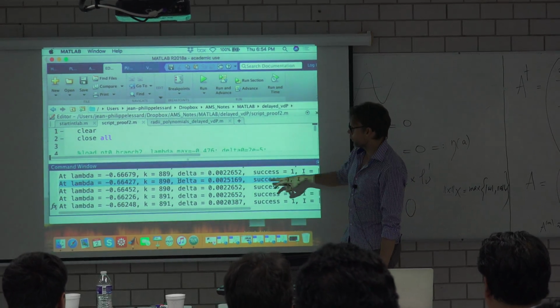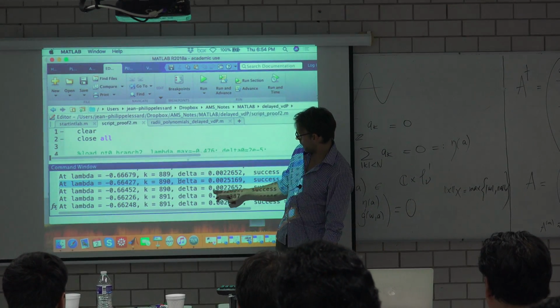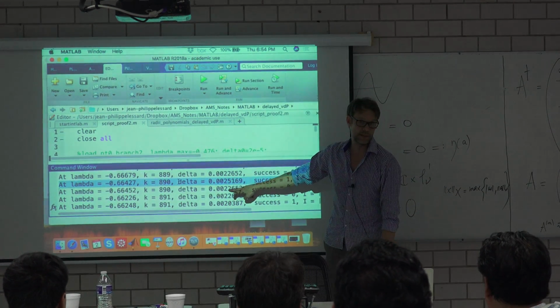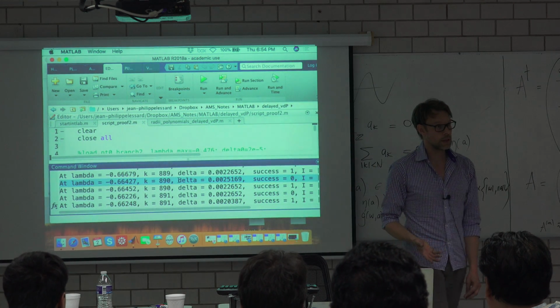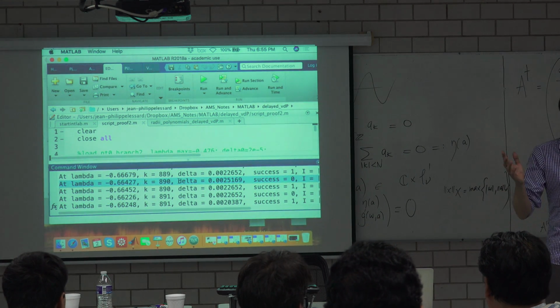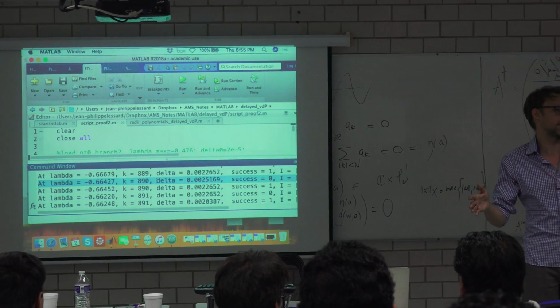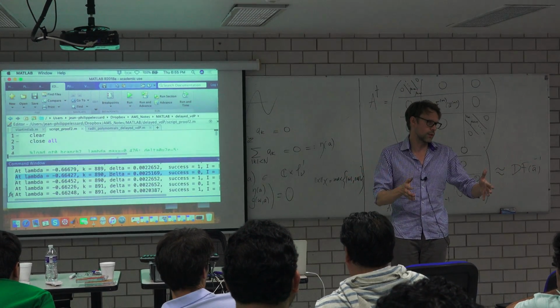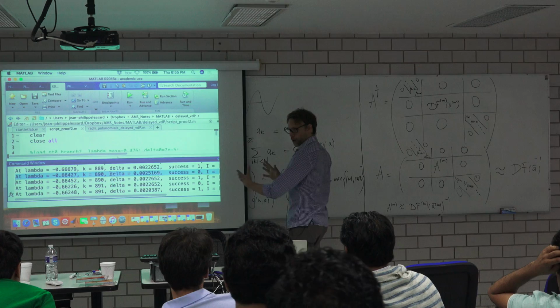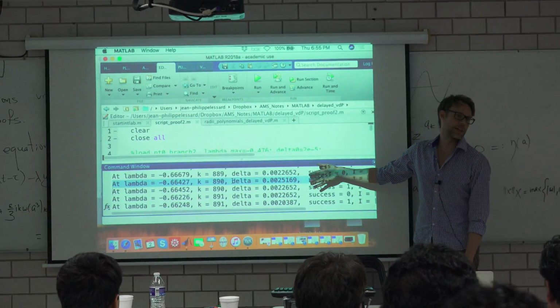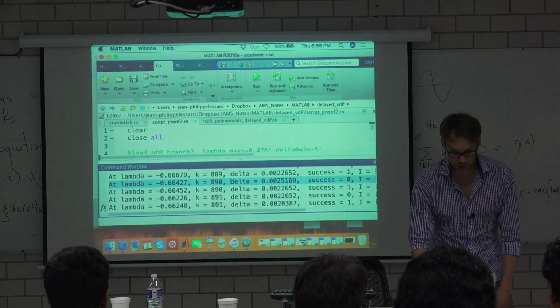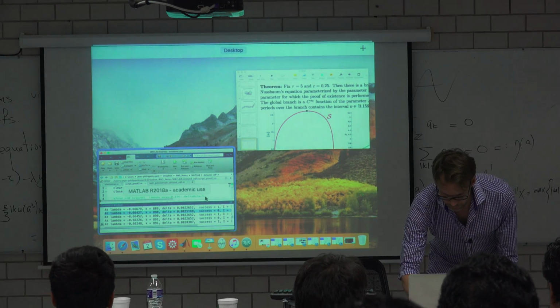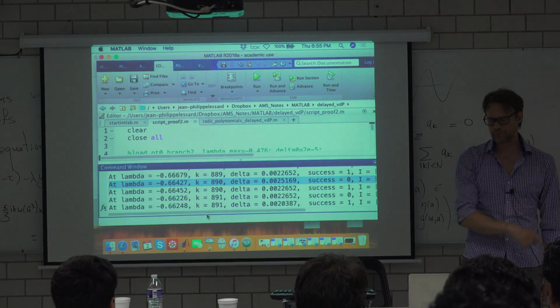So what happens is that I reset that step and I decrease the step size by a little bit, and then I try to move forward. Every time it works, I try to increase the step size a little bit, and when it doesn't work, I decrease it. So I always try to get it longer, but there's an adaptive step size choice, and that's what we could see in this function.